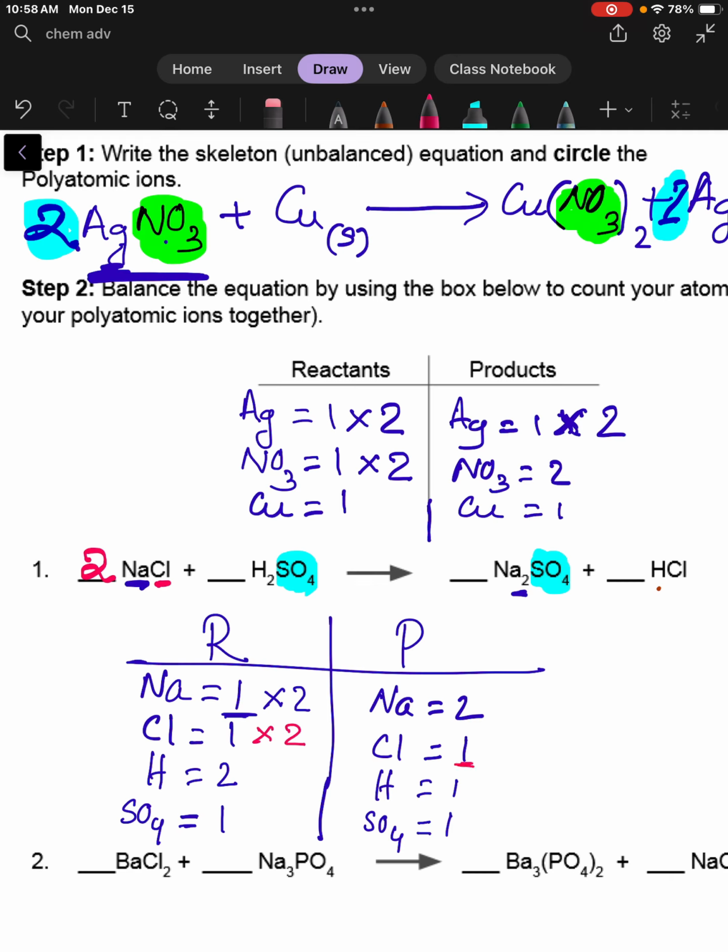So I had to balance chlorine on the right hand side, so I'm going to multiply this compound of chlorine with the 2. So chlorine is balanced. Hydrogen now changed into what? Because hydrogen is connected, hydrogen changed. Left hand side it's already 2, that is balanced. Now sulfate is balanced, so everything is balanced now.